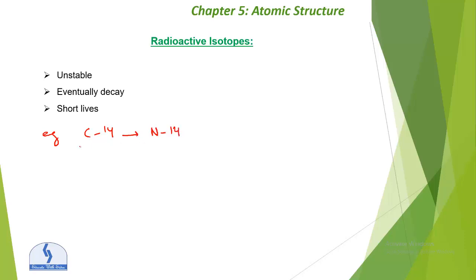The proton number of C14 is 6 and for N14 it is 7, and the nucleon number is 14 for both. It's not a chemical reaction, it's a nuclear reaction, because the changes occur in the nucleus of the carbon-14 atom.